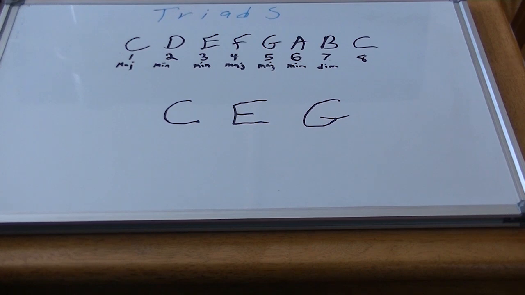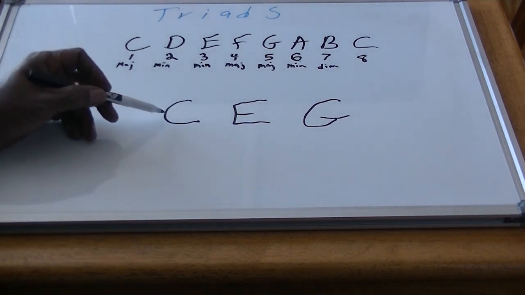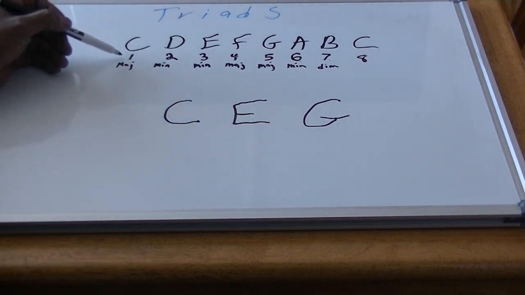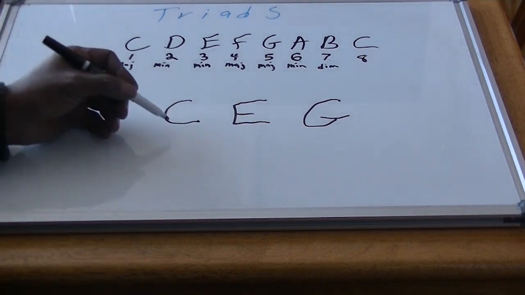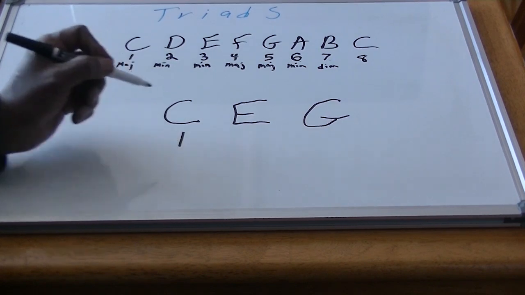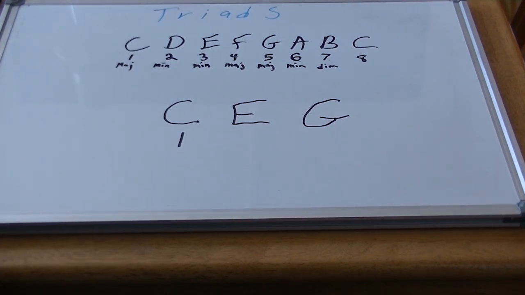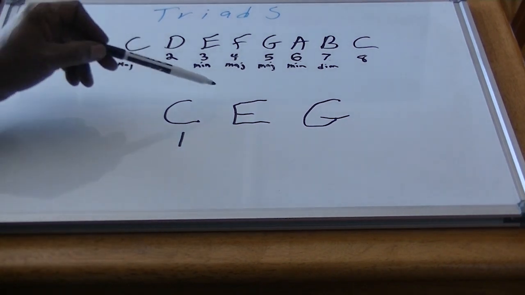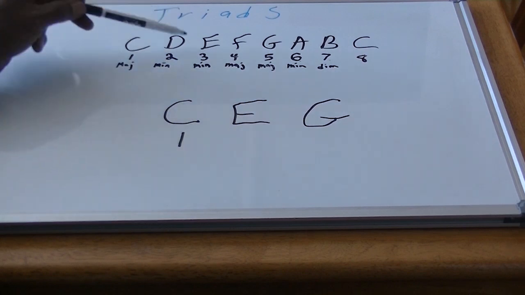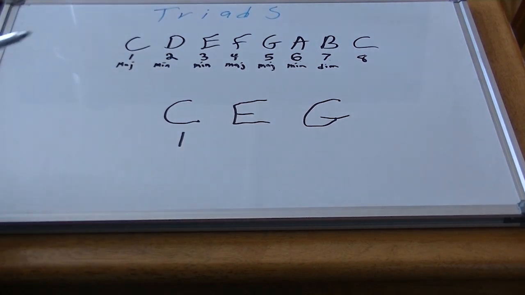So if we analyze this chord, let's look at the first note, C. The first note C is actually the first note in the scale. So I'm going to write down the number 1 just to show that the C is the first note in the C major scale. Now let's look at the E note. The E note is the third note in the scale.